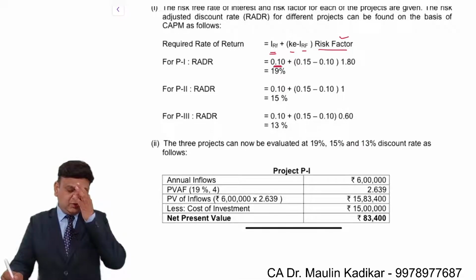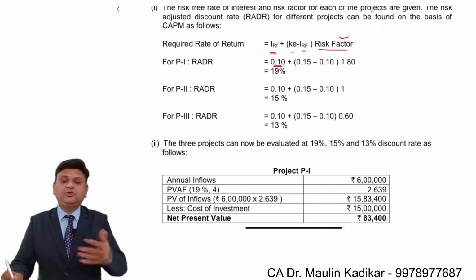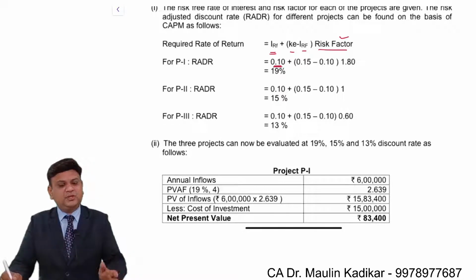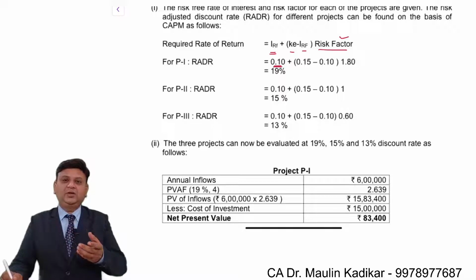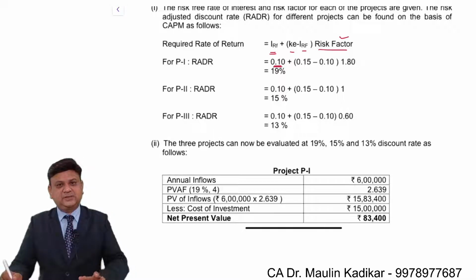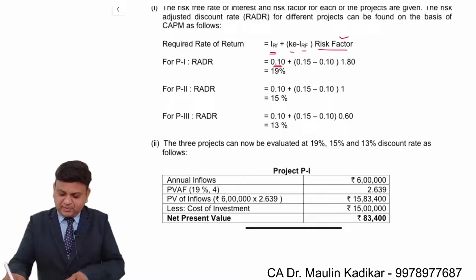However, if you are going to introduce some new kind of concept, then it will have more risk. So accordingly you want more return. How much more return or how much is the risk? You may decide on a subjective basis. That is the way they have provided to us some kind of risk factor.